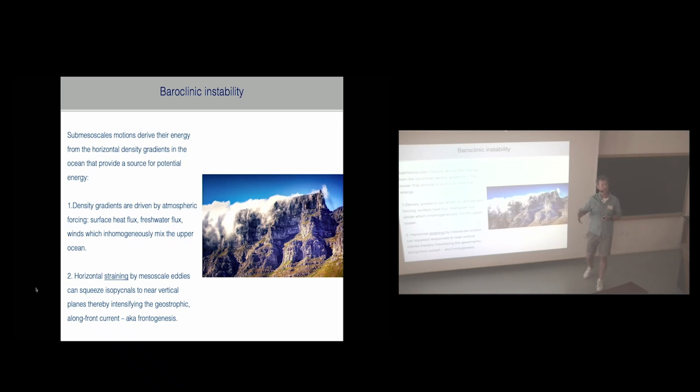And now you can imagine the available potential energy for this big front in the ocean, which has varying density from this side to the other, to dissipate and become kinetic energy and become unstable and slump. That is essentially one of the main ingredients for the submesoscale to form.